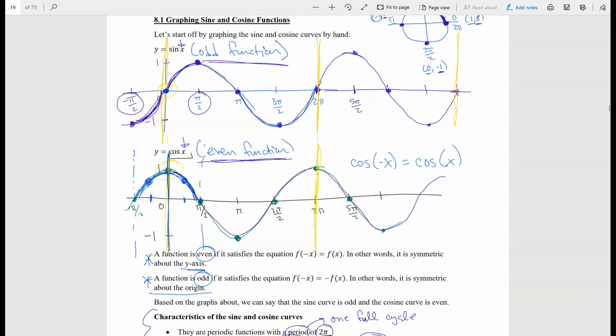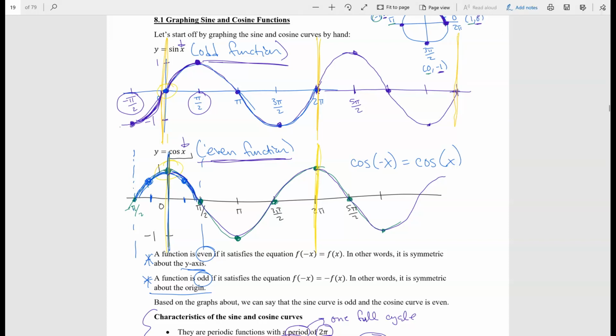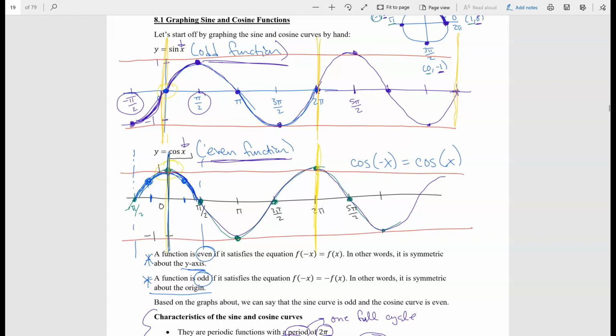These functions do not go below -1 or above 1. They are squeezed between these two numbers, and that will always be the case unless there's a number in front.